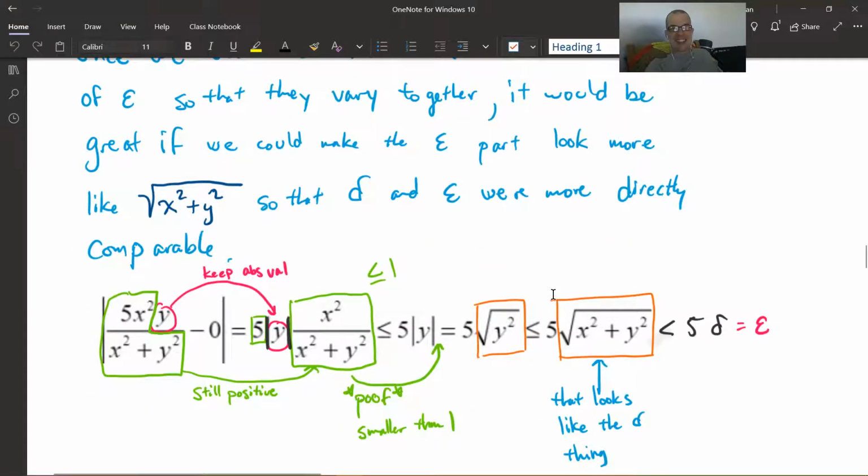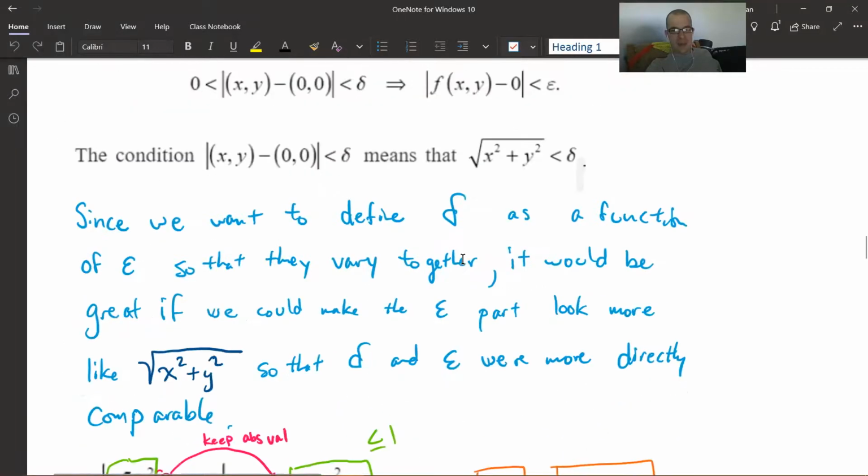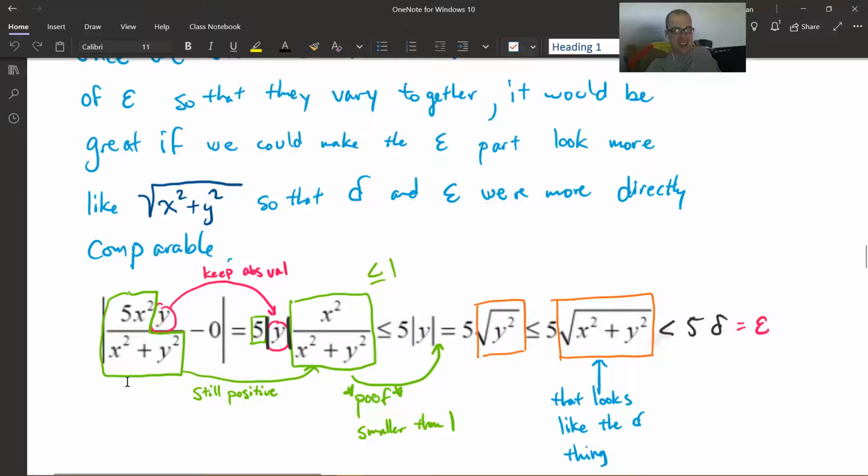And now that we've got a delta coming out of the inequality, like the absolute value thing that started off defined in terms of epsilon, we've made a connection between epsilon and delta such that now we can just substitute in delta and we have a relationship between delta and epsilon, so that if we make the substitution of 5 times delta equaling epsilon, or if we want to arrange this into delta as a function of epsilon, delta equals epsilon over 5, we can go back to GeoGebra.